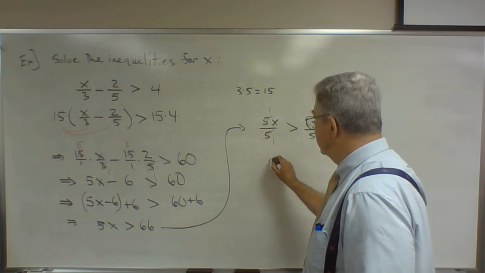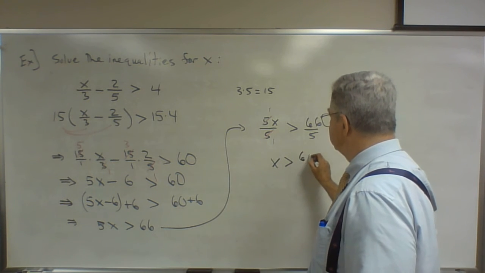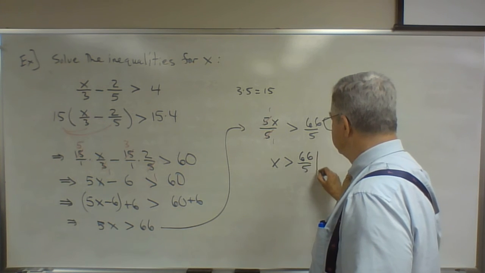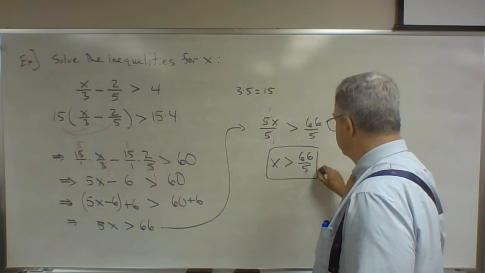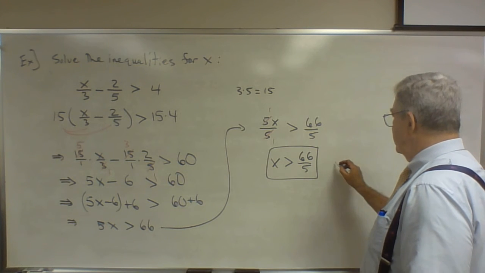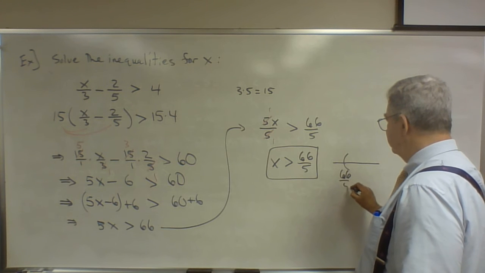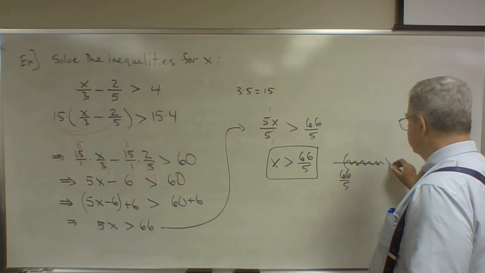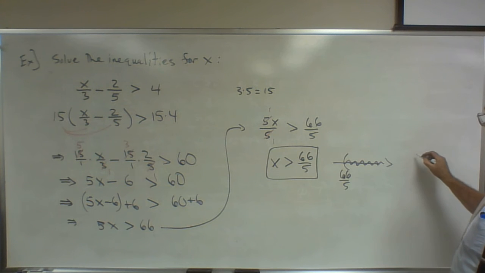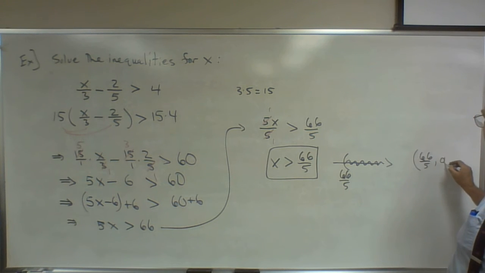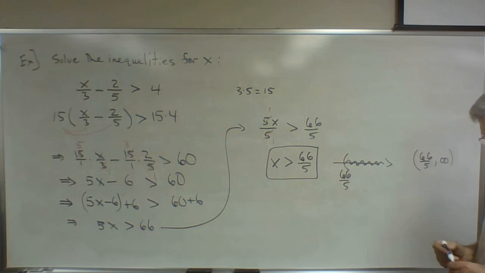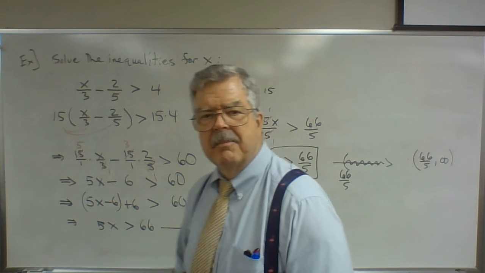And we get x greater than 66 fifths. And in interval notation, here's 66 fifths, infinity. Okay, very good. Let's look at another example.